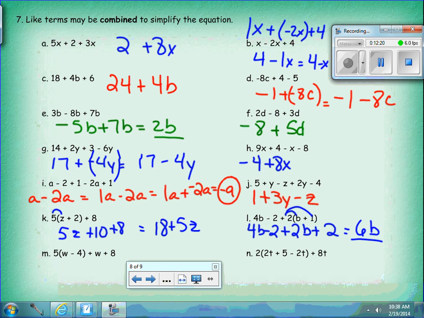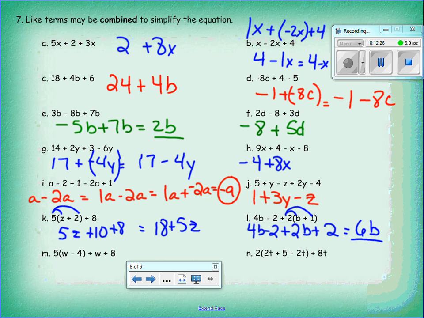Okay, in K, we're going to use the distributive property where we distributed 5 to everything inside the parentheses. So 5 times z is 5z, 5 times positive 2 is 10. And then we brought down our 8 that we had left. So we have 5z plus 10 plus 8. We combined our like terms. 18 plus 5z is your final answer for K. Then L, again, we use the distributive property.